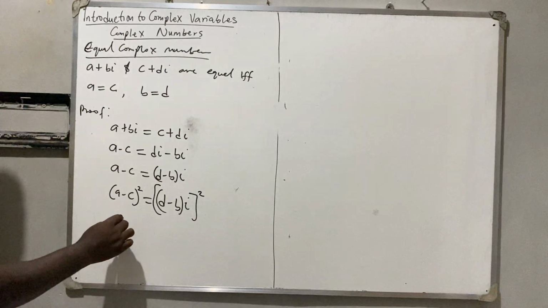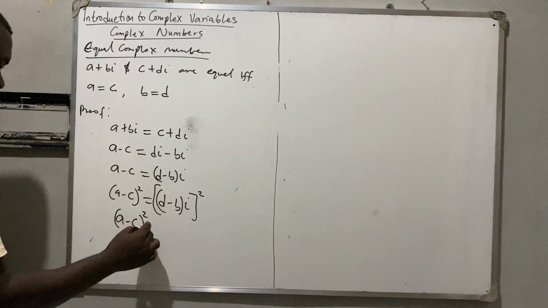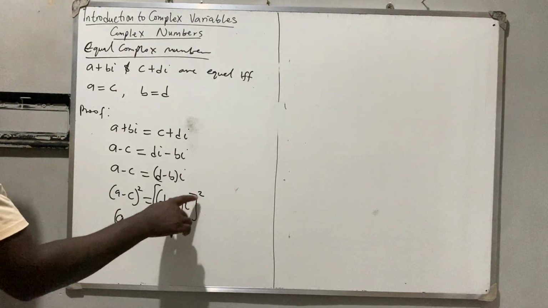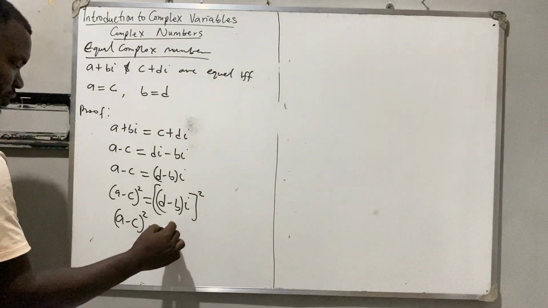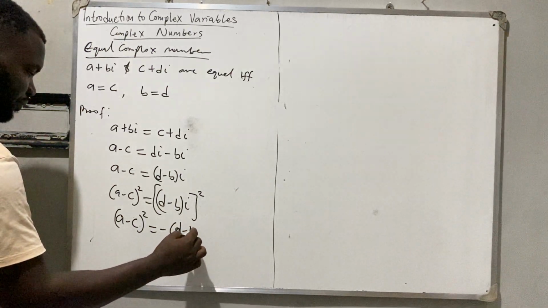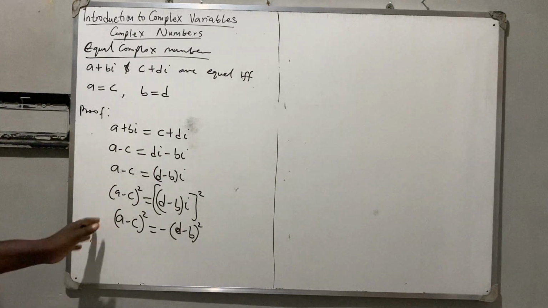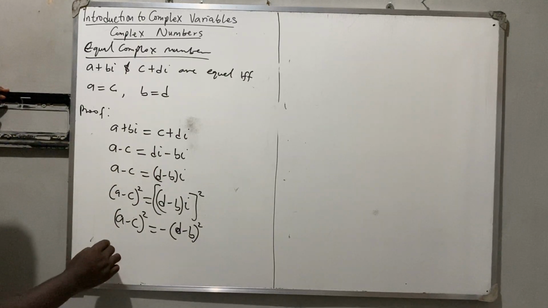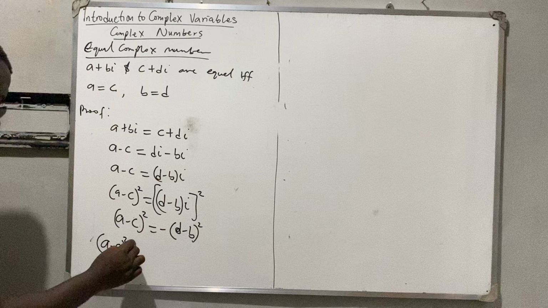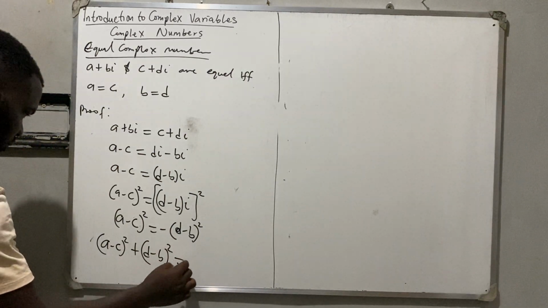So this is now (a minus c) all squared is equal to, now remember that i squared will give you -1, so this is minus into (d minus b) all squared. Okay, now this one can come to this side to have (a minus c) all squared plus (d minus b) all squared is equal to 0.